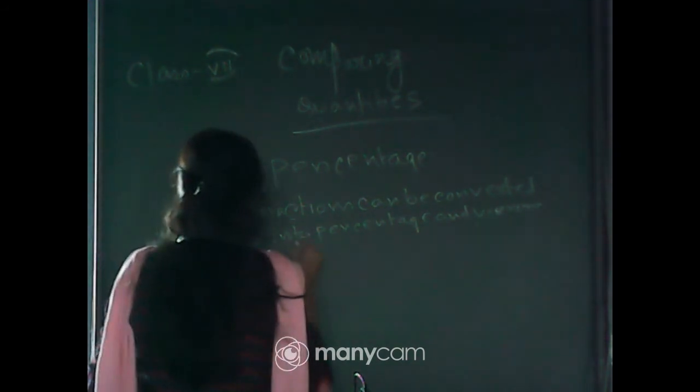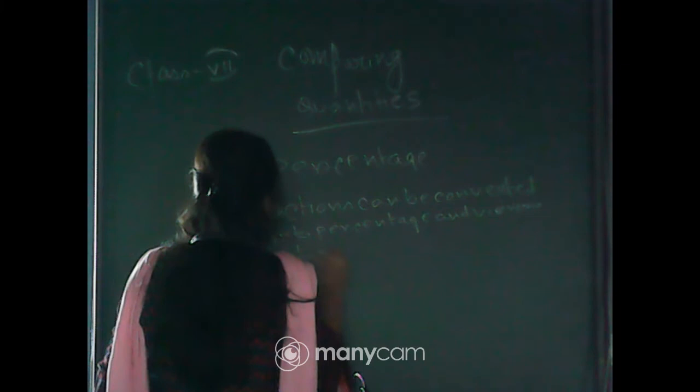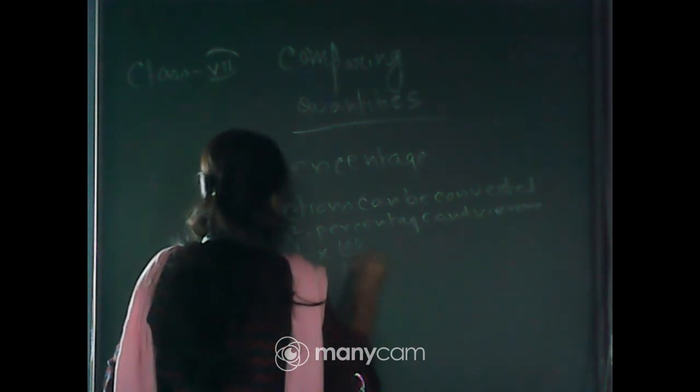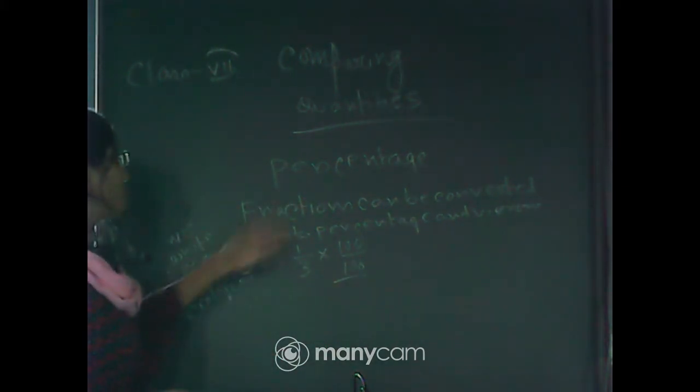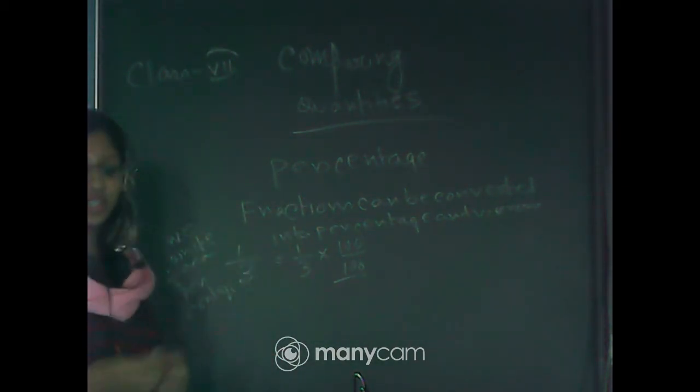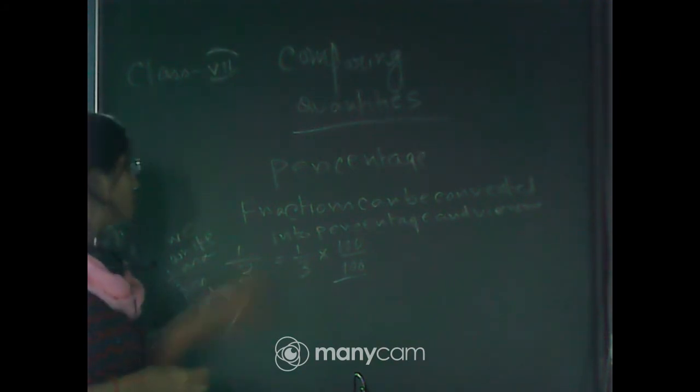1 by 3 is equal to 1 by 3 into 100 by 100. If we multiply both the numerator and the denominator by the same quantity, the ratio will be the same.